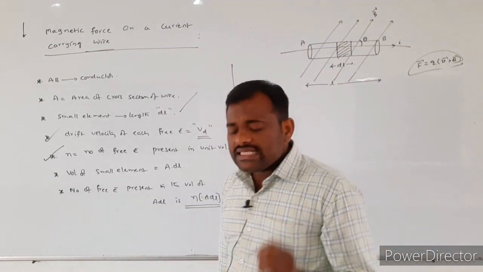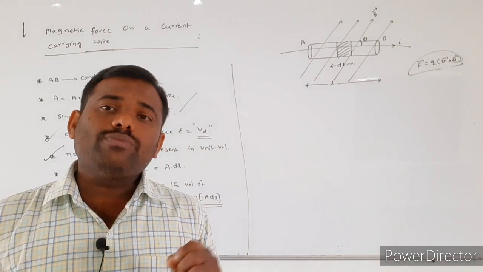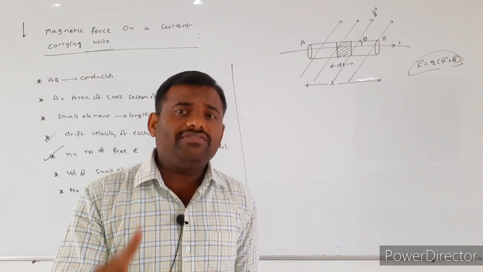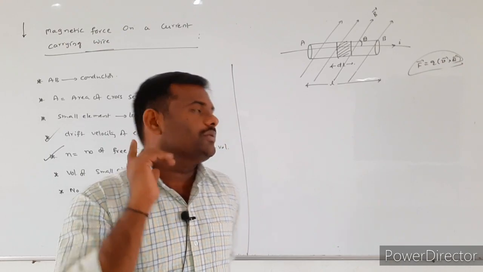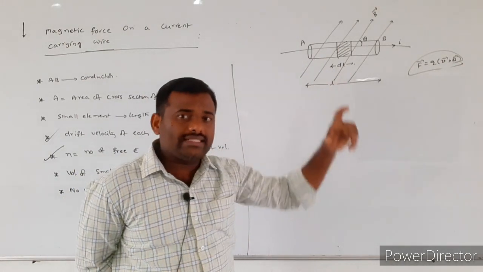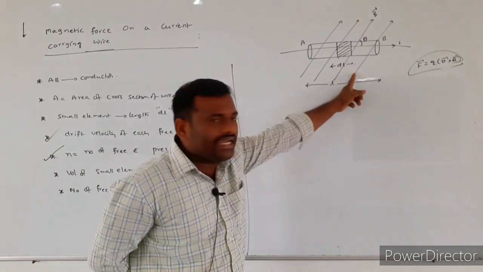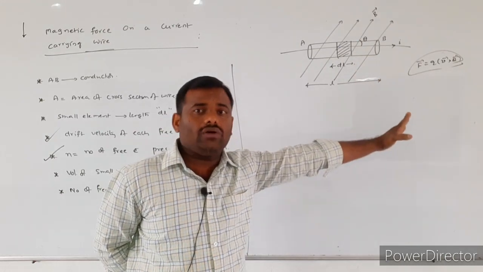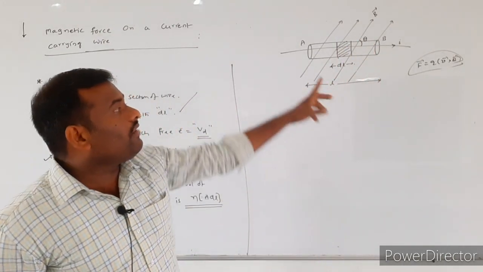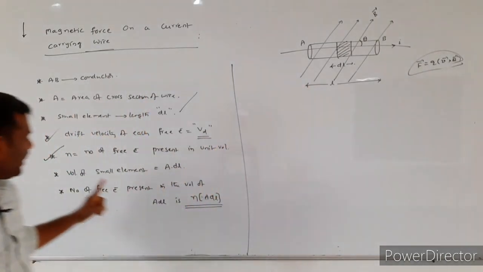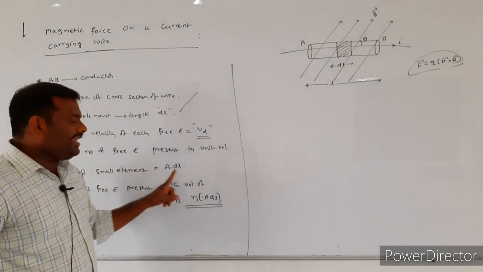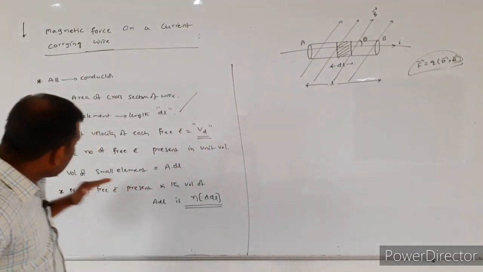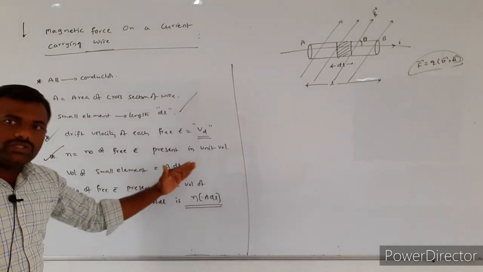Small n denotes the number of free electrons present per unit volume. dl indicates the length of the small element, and the area of cross section of the conducting wire is capital A. So the volume of the small element is area into length, A into dl.